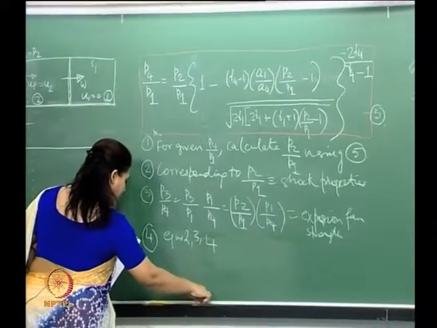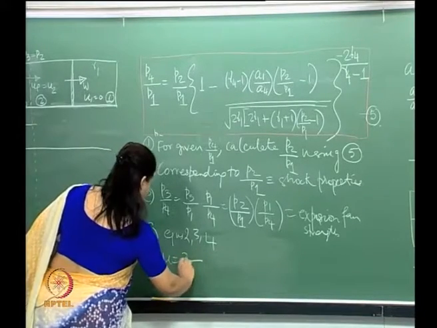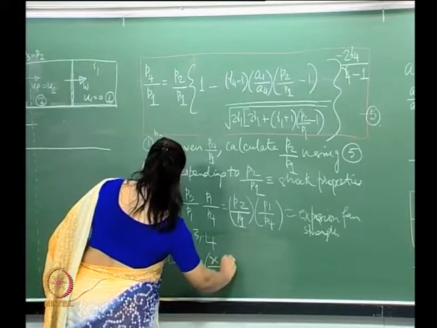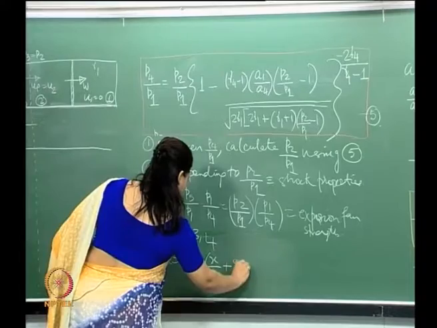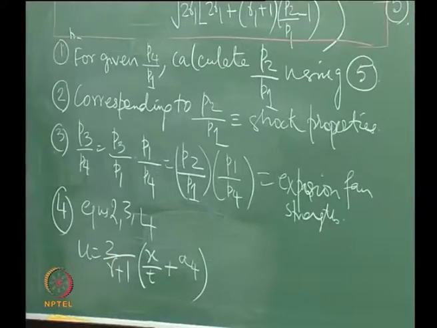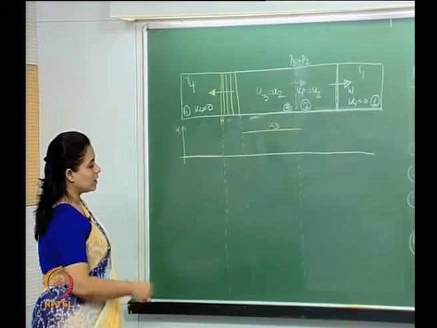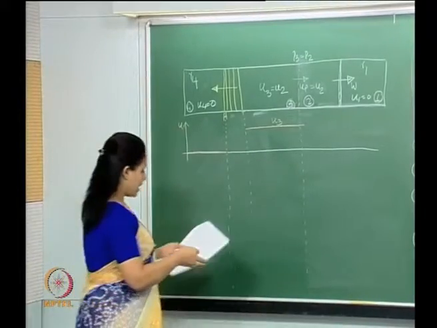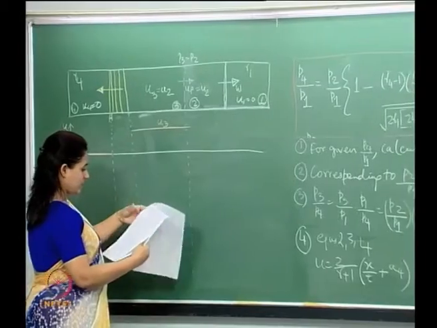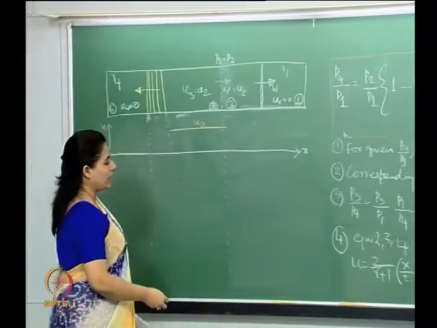So, this is the velocity relationship, and this is essentially x.